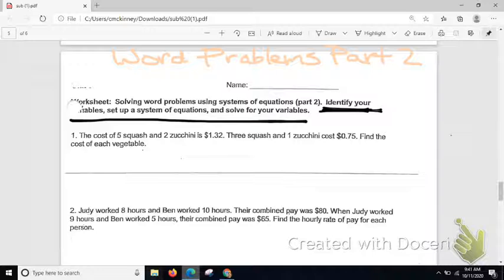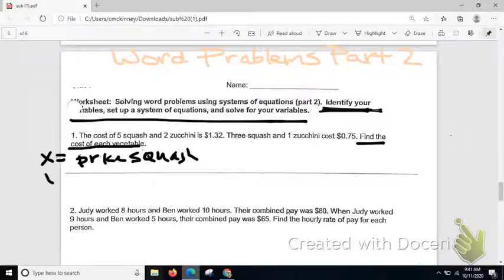All right, so I'm going to go to the end to see what is it they want me. Find the cost of each vegetable, and I see there's squash and zucchini. So I'm going to just stick with X and Y. So X is going to be my price for squash, and Y is going to be my price for zucchini.